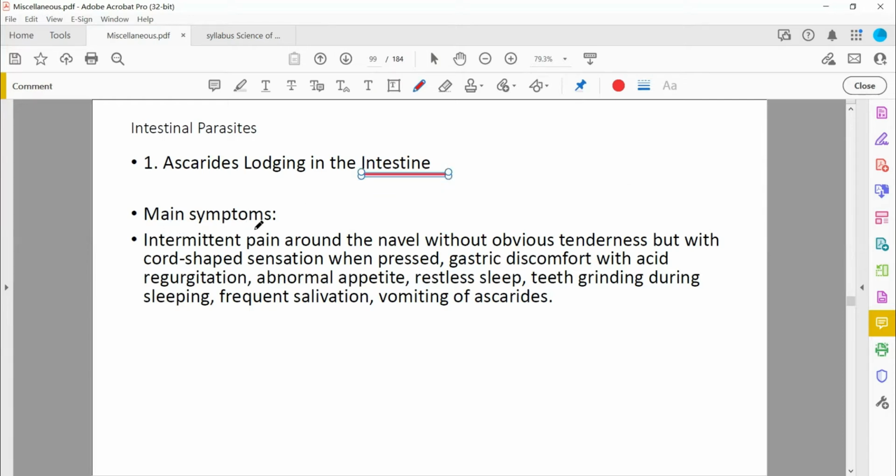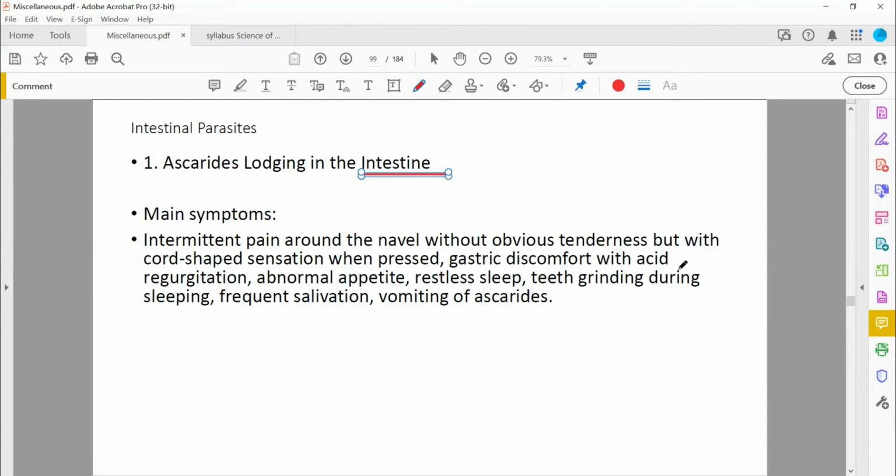Main symptoms: intermittent pain around the navel without obvious tenderness, but with a cord-shaped sensation when pressed.